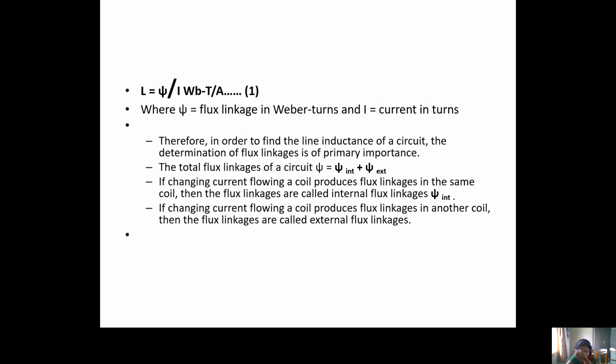If the current flows in one coil and the changing current value produces flux linkages, that is internal. If the changing current flowing through a coil produces flux linkages in another coil, those flux linkages are called external flux linkages.